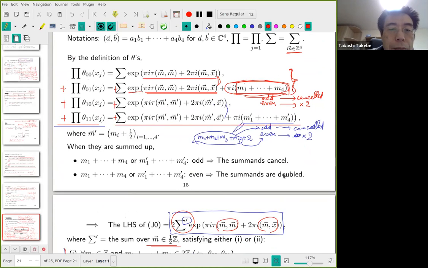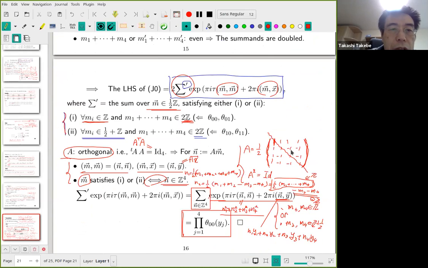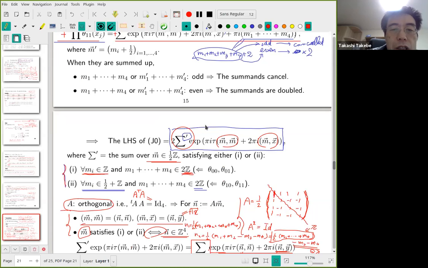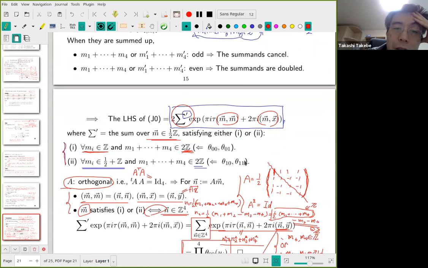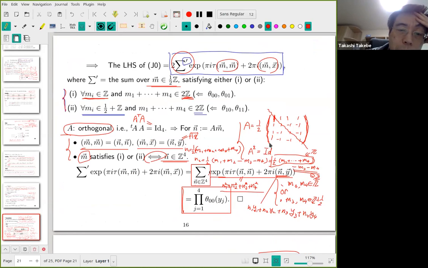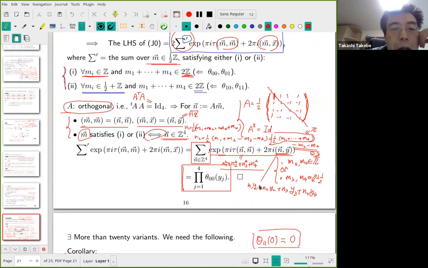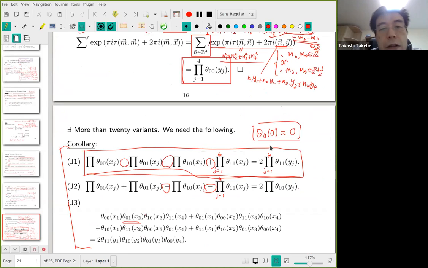We can write such sum into products. And that was the proof last time. And well, there are a bunch of variants, among which we need the following three.